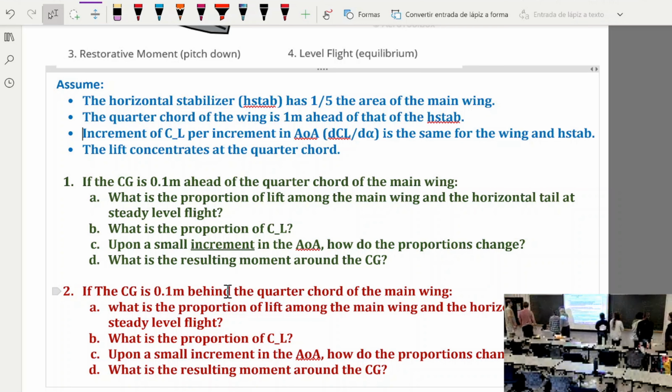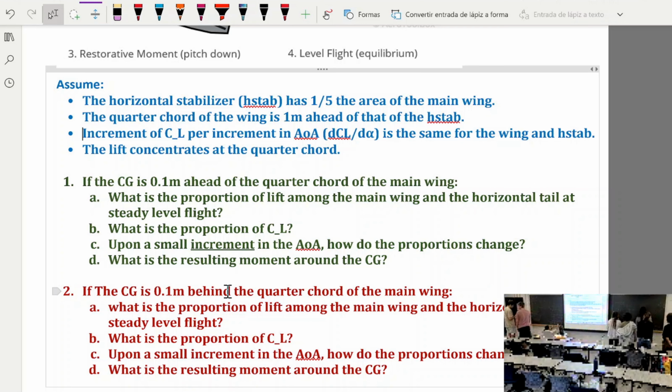The ratio of lift is the ratio of CL times the ratio of wing area. The ratio of wing area is fixed. So if the ratio of CL gets closer to 0, then the ratio of lift also gets closer to 0. Okay, that makes sense.